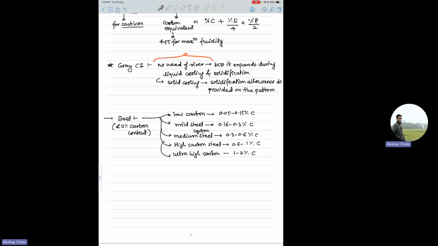What happens as you increase the carbon content in this direction, hardness increases. If you have more hardness, machinability will be less, so all those properties play out.